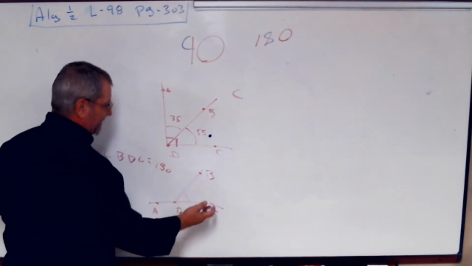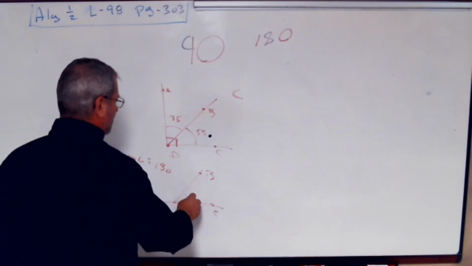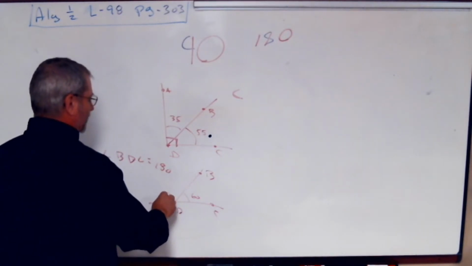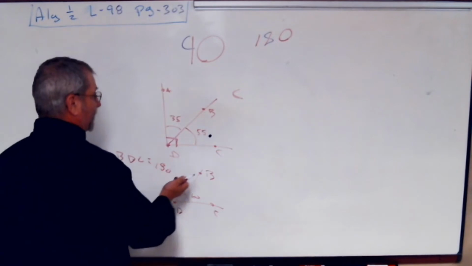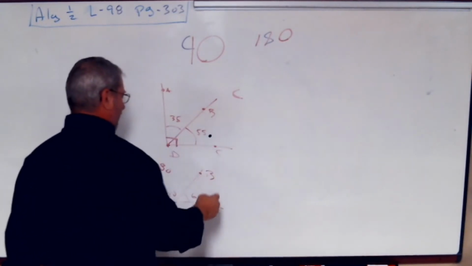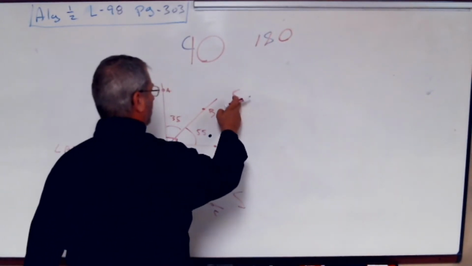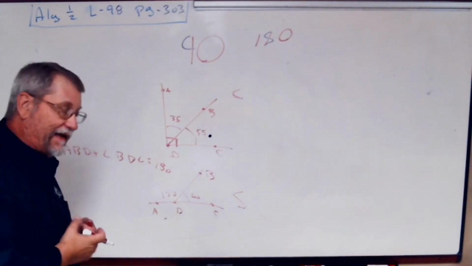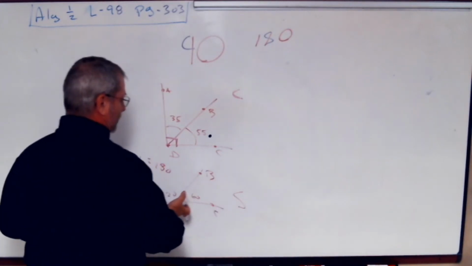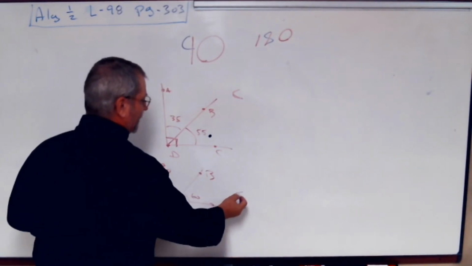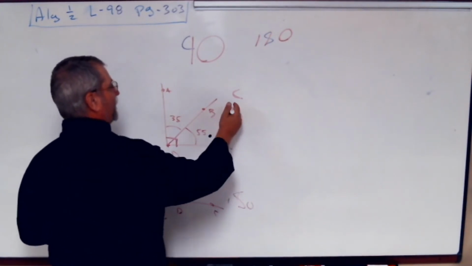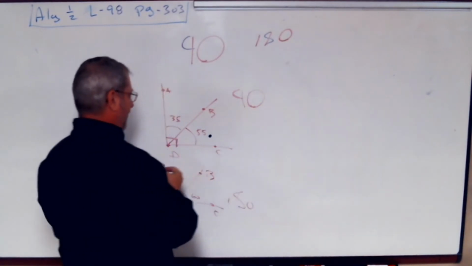So if this piece here is 60, this piece here is 120 because 60 plus 120 is 180. These are supplementary angles. These are complementary. Oh, you look so nice today. These are supplementary. Supplementary adds up to 180. Complementary adds up to 90.